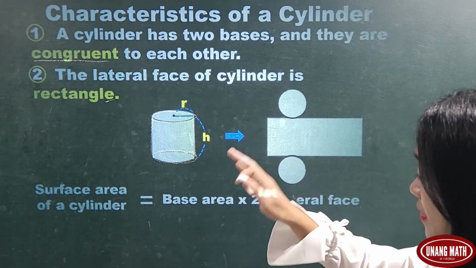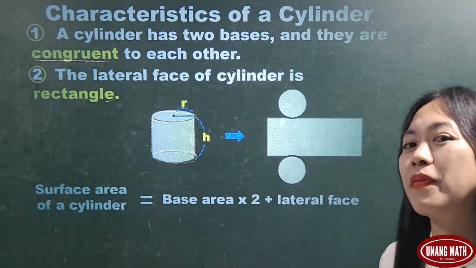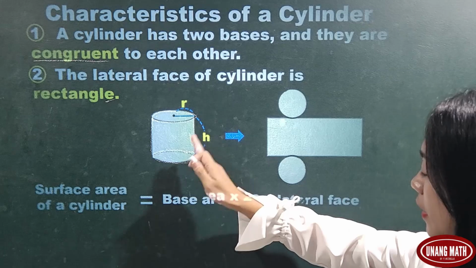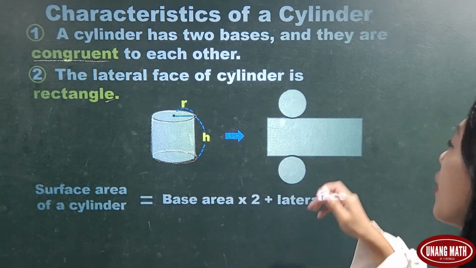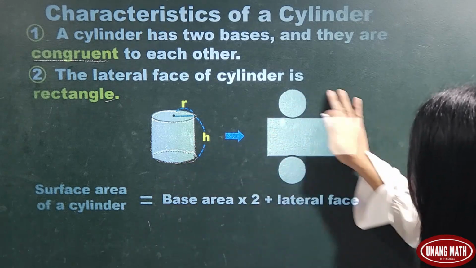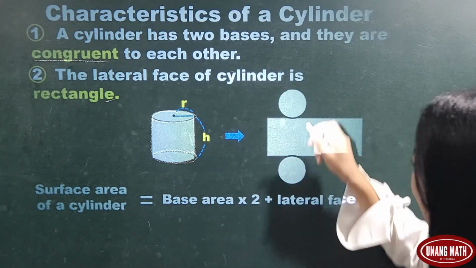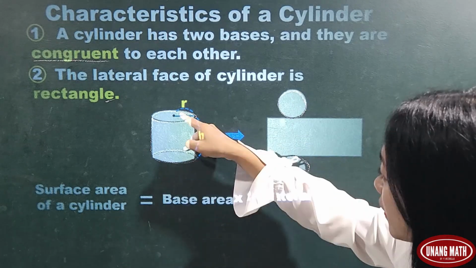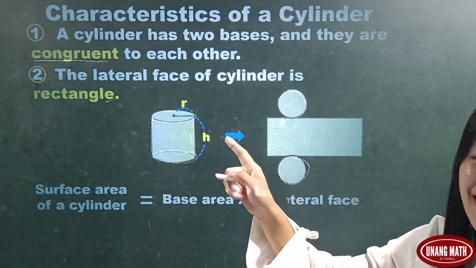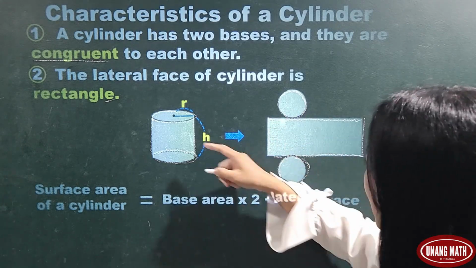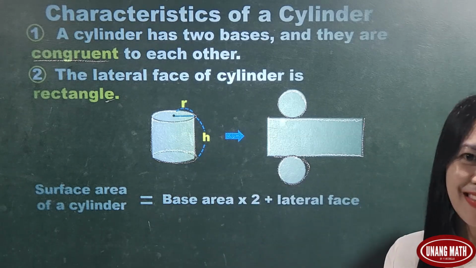To find the surface area of a cylinder, we will consider its net. If we cut, open, and spread it, the appearance of the cylinder's net is like this. These two circles here are the bases of this cylinder, and this rectangle is the lateral face.